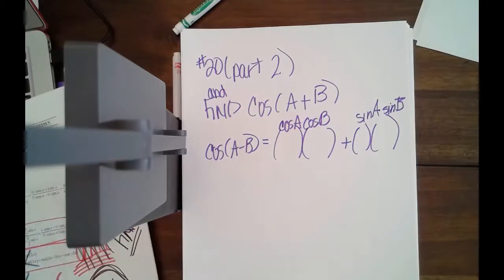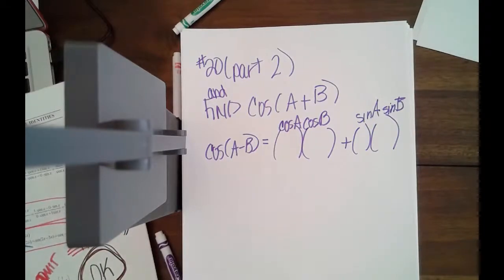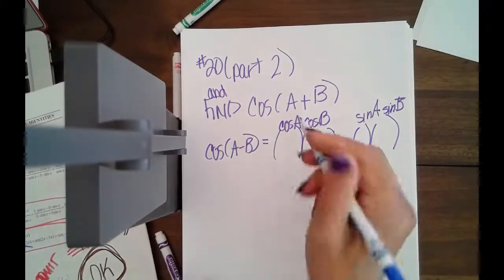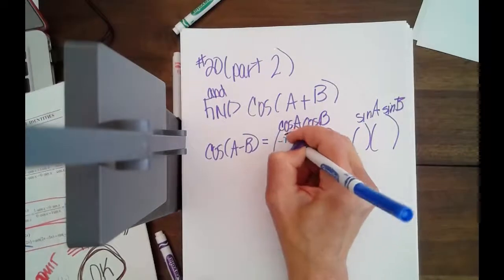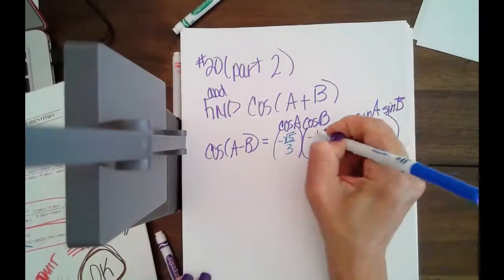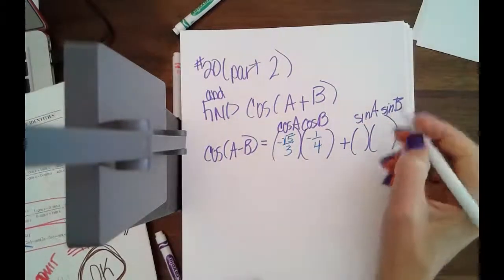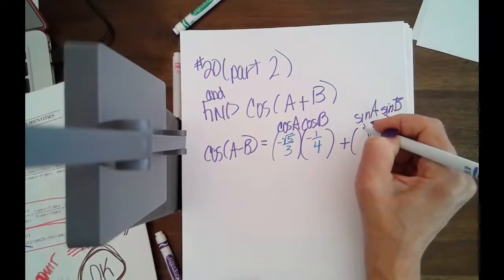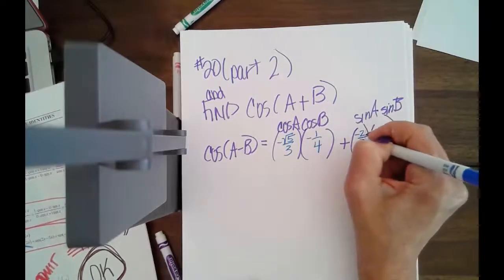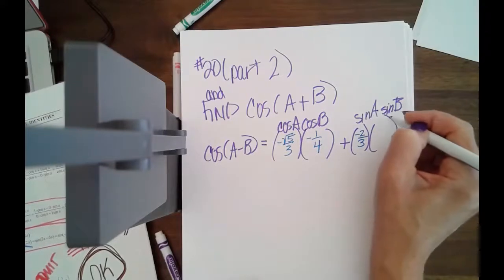The same 2 angles. All right, now we're just going to use the values for the cosine formula. The cosine of A is negative radical 5 over 3. The cosine of B was negative 1/4. And the 2 sine values, sine of A was 2/3, and the next one, sine of B, was radical 15 over 4.